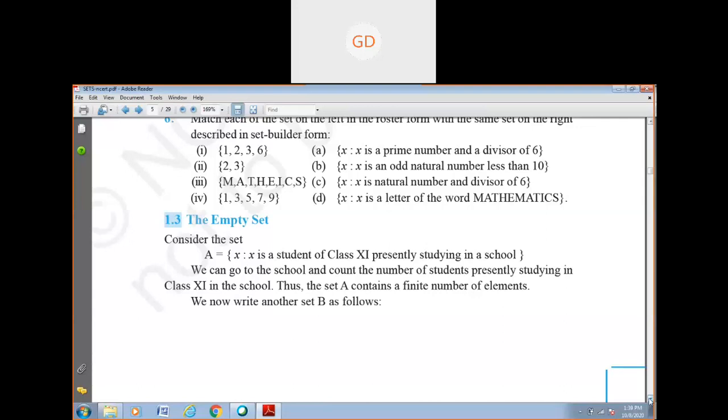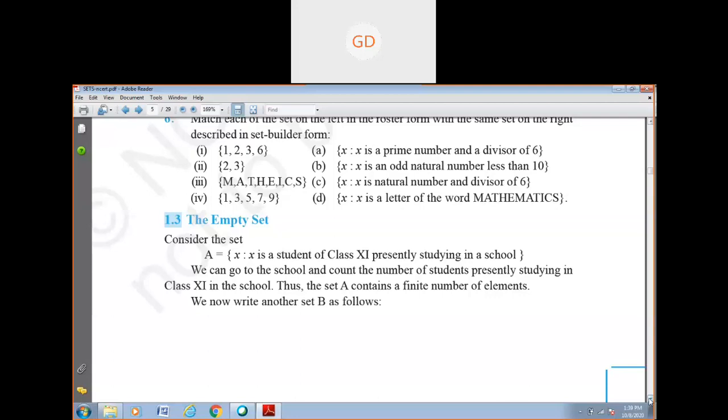So this transformation also we are familiar with in sets, and this is fundamentally about what a set is and how to write it.